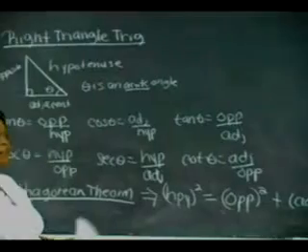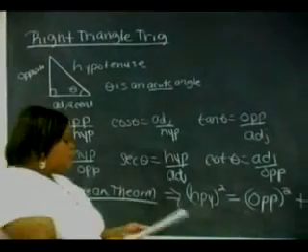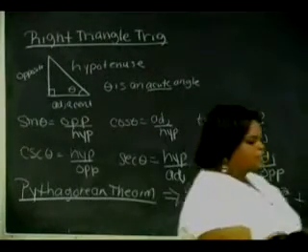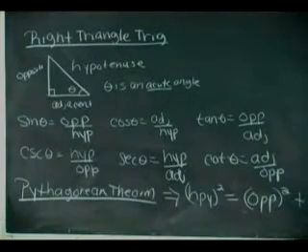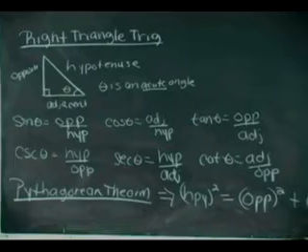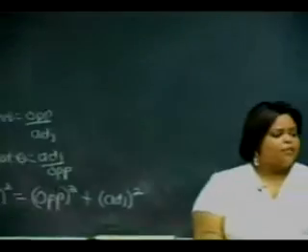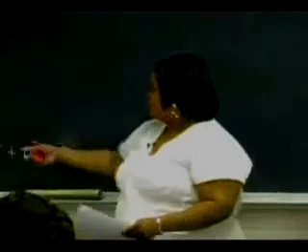Okay? That's our Pythagorean theorem. And we can use this to solve right triangles. We may have some components given, and we may have to find the other components. Well, if we're given 2 of these components, we can find the other component by what? This Pythagorean theorem.